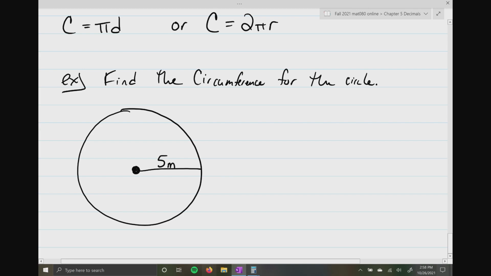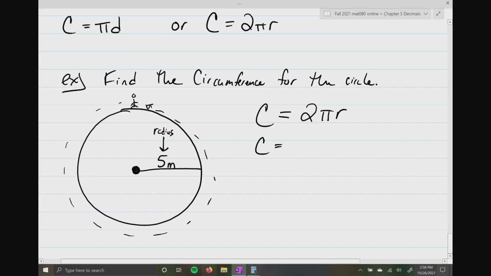Well, we know that circumference is this. And I like to put my little self walking along the outside of the circle. So if I walked around the outside of the circle, that's going to be my circumference. And the only thing I gave you was the radius here. So I'm going to use the formula 2 pi r.